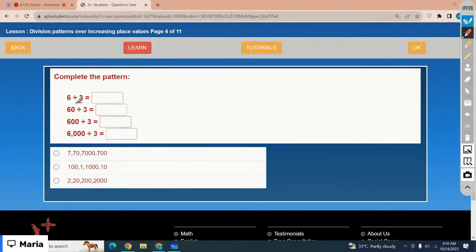You need to count the table of 3 until 6. So 3 times 2 is 6. You can go for 6 divided by 3 is 2, 60 divided by 3 is 20, 600 divided by 3 is 200, and 6000 divided by 3 is 2000. So the last option is the correct one, right?